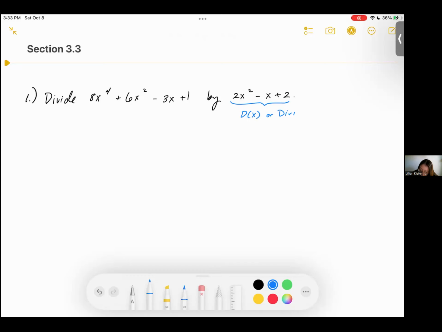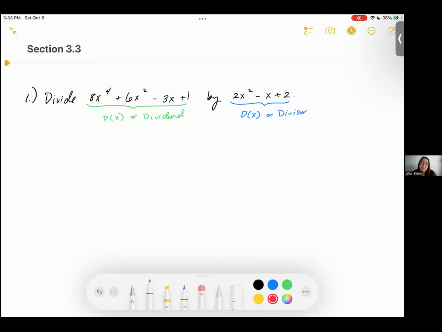And right here is our p of x, or our dividend. So we have p of x, the dividend, and d of x, the divisor. We want to make sure if there are any missing terms.